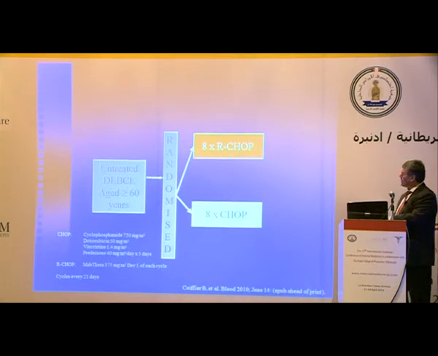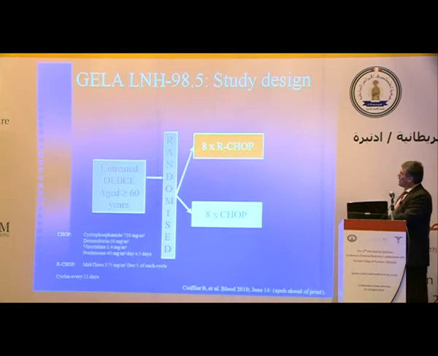In clinical trials, we have the GELA LNH 98.5 study designed. We are taking patients with untreated diffuse large B-cell lymphoma, above the age of 60, and we randomize them between 8 cycles of CHOP versus 8 cycles of R-CHOP.